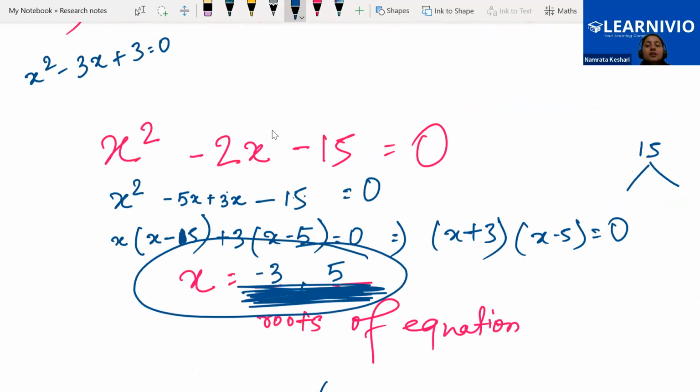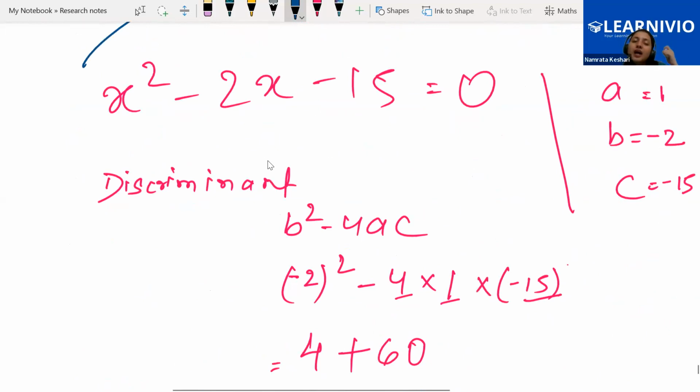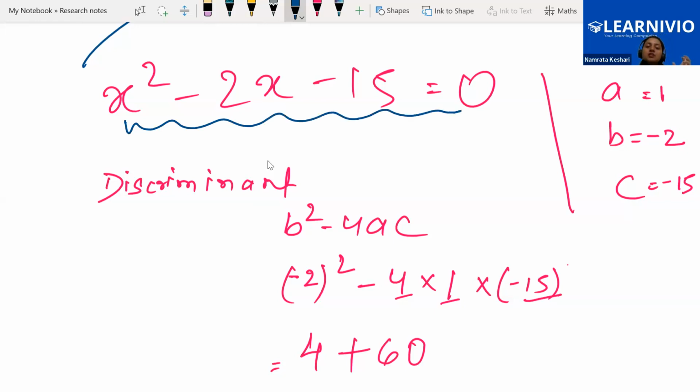So this discriminant will help us just to get an idea of what the x value will be. It will not give us the x value. It will just give the idea, the nature. Just by looking at the face of this quadratic equation, by finding the discriminant, we have to say what the nature of the root is. Nature means the root will be a real number or will not be a real number.